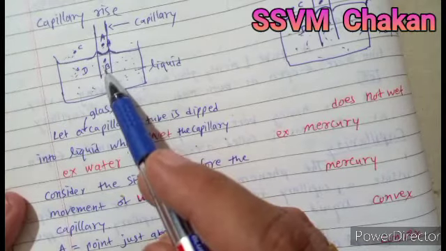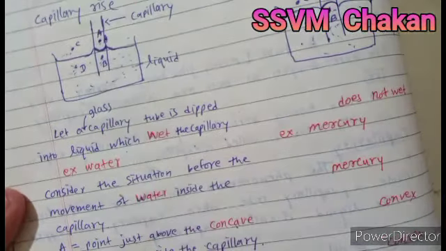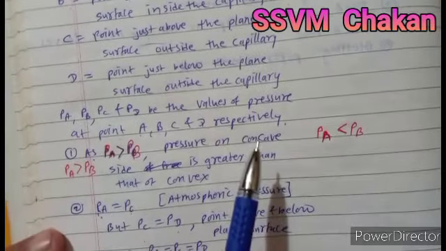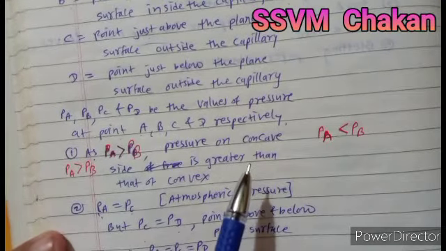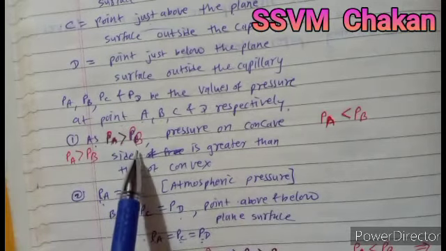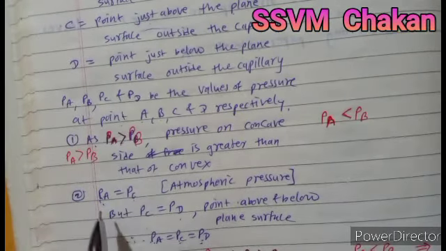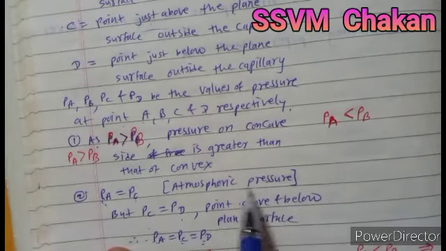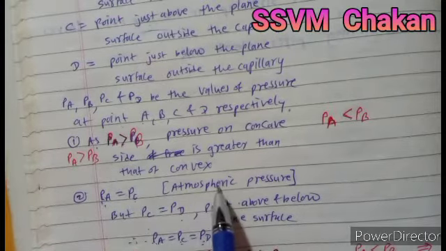PA is greater than PB because the pressure on the concave side of a surface is always greater than on the convex side. But PA is equal to PC because both are atmospheric points, and pressure at atmospheric points is the same.